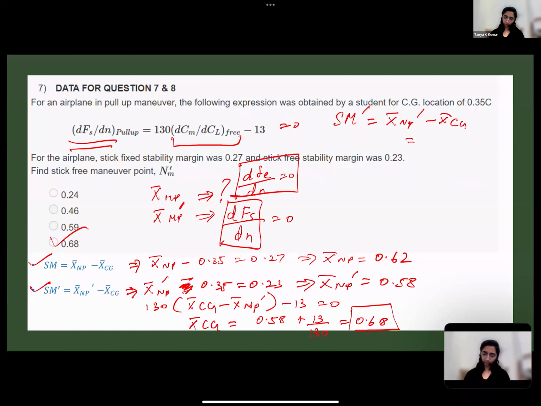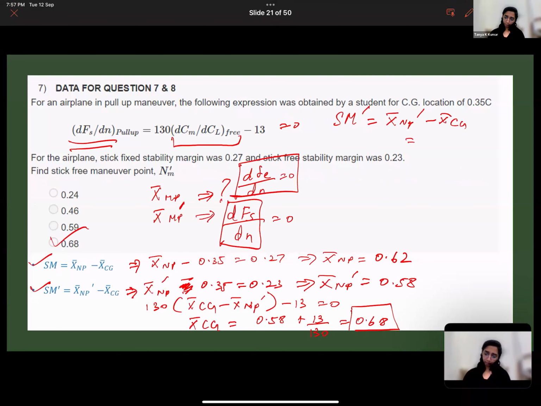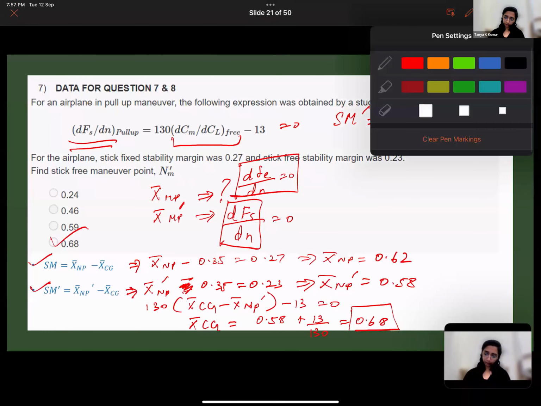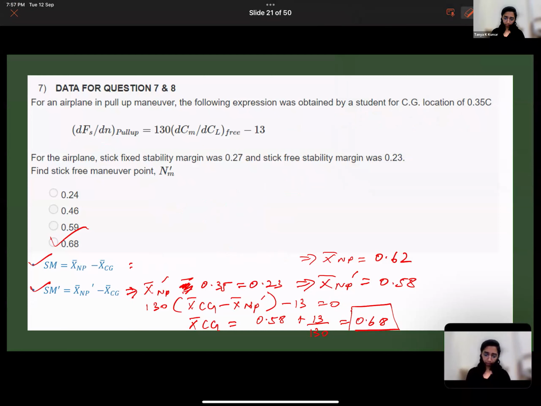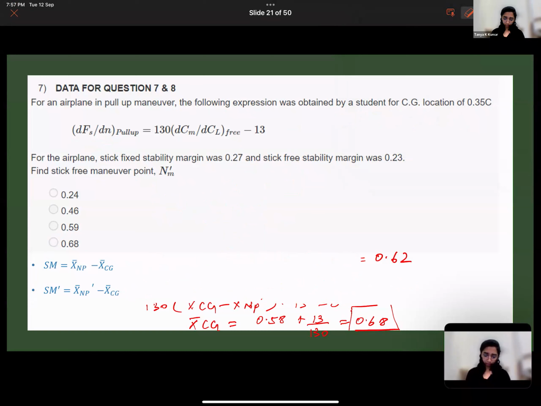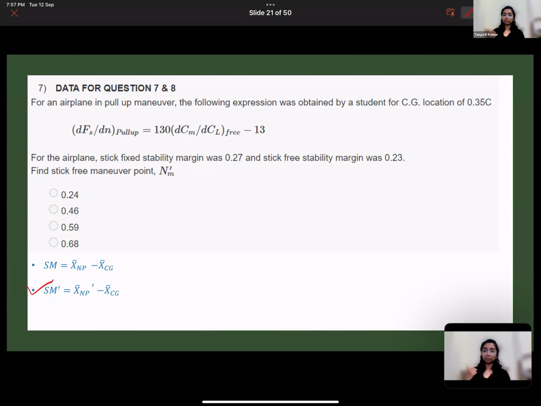Okay, let's just do it again. Just erase this entire thing. We'll do it again. First, what we did, we used this equation. They've asked you for the stick free case.